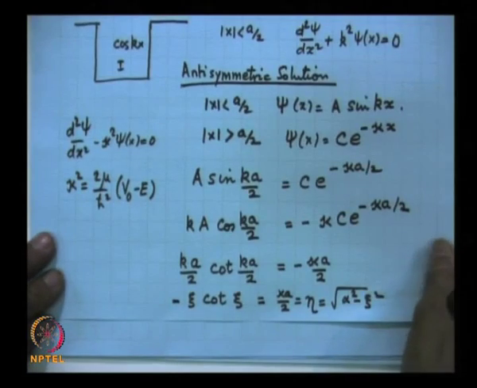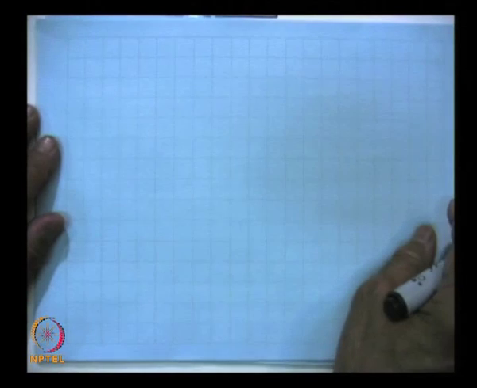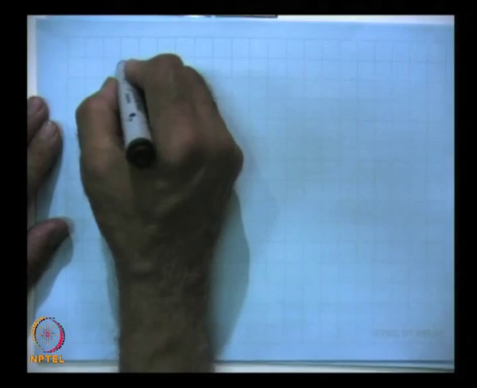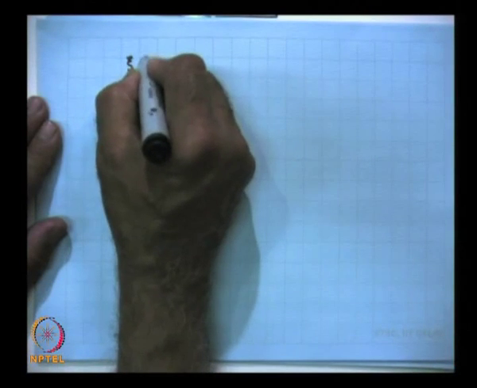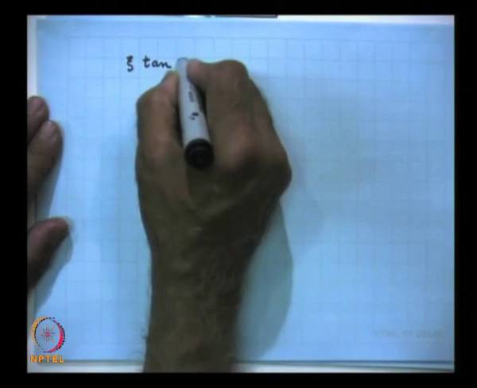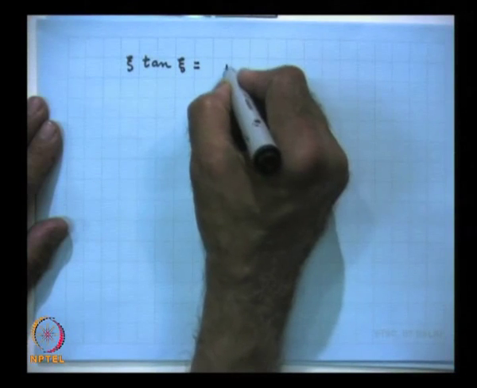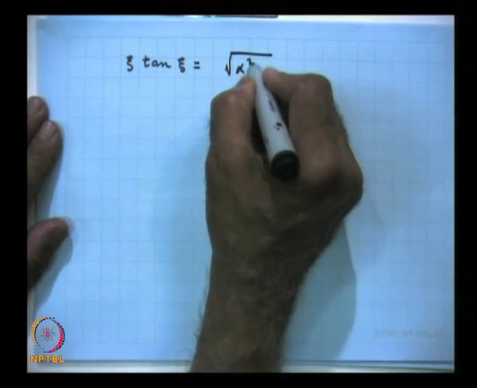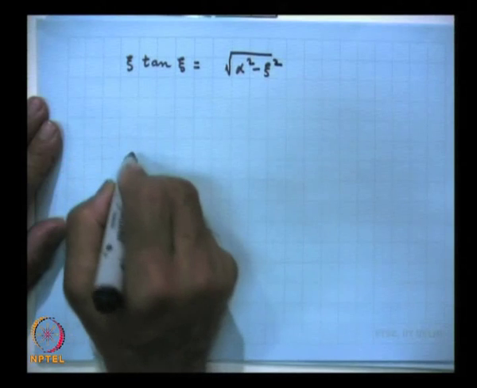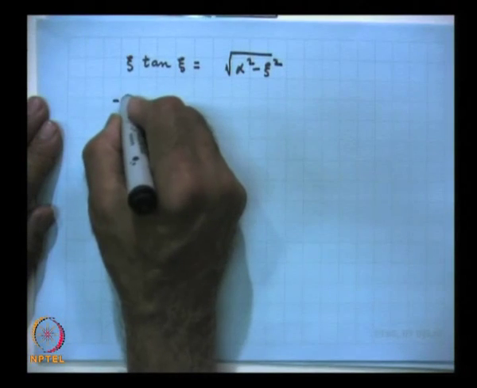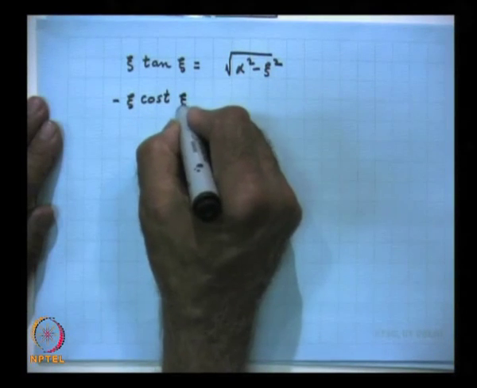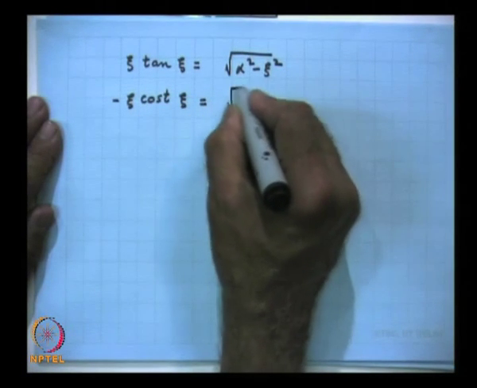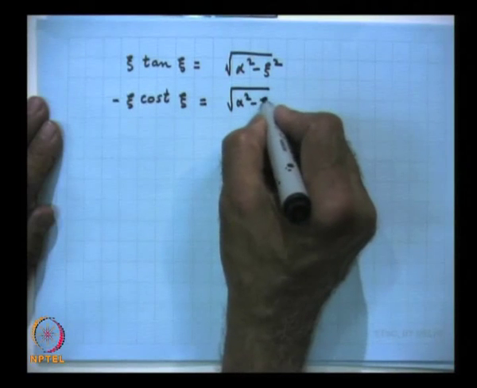So, we summarize the results. For the symmetric solutions, we had xi tan xi is equal to under root of alpha square minus xi square, and minus xi cotangent xi is equal to under root of alpha square minus xi square.